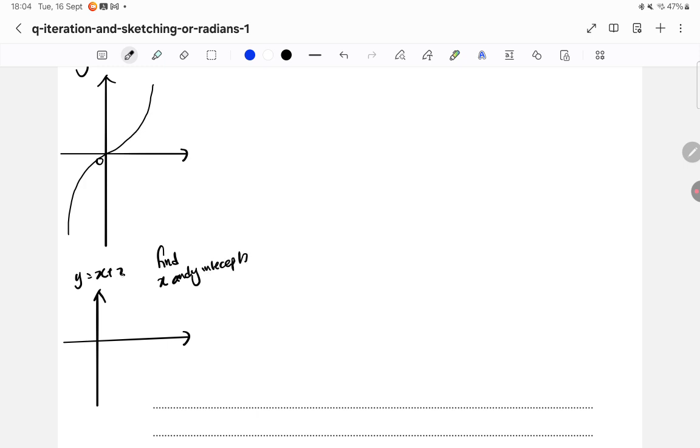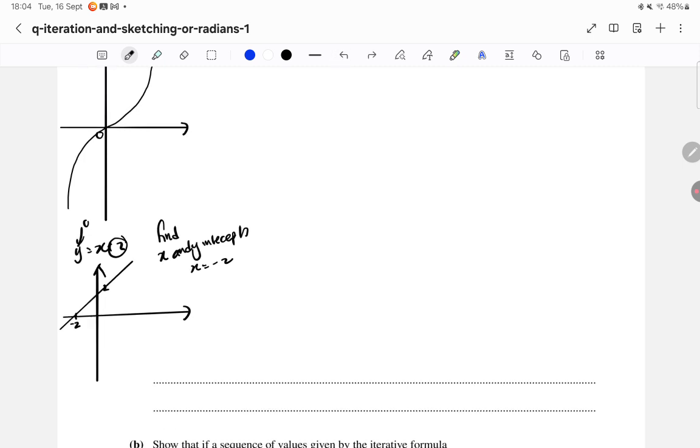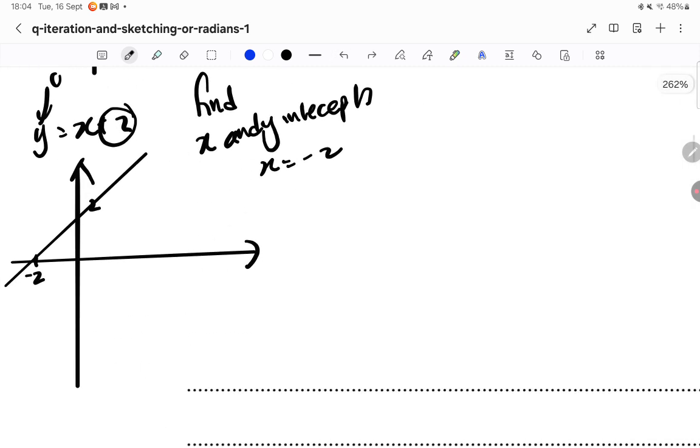We know for sure that our y-intercept is 2. To find the x-intercept, input 0 for y, and you'd get x equal to minus 2. So our graph passes through -2 and 2, and you just draw a straight line. Sorry if my drawing isn't that accurate, but you should get something like this.